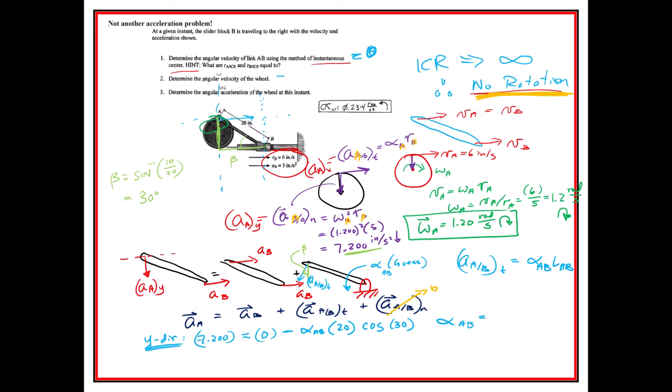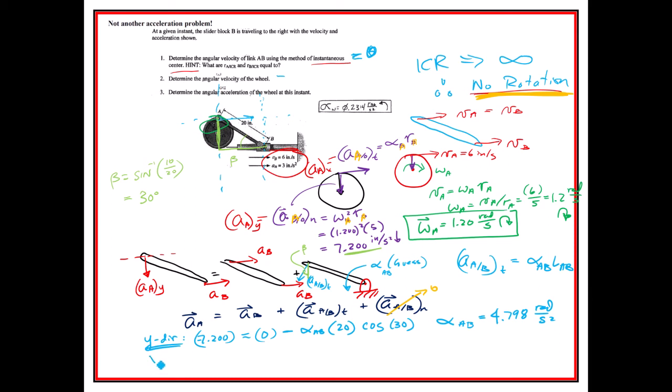The way he wrote it out was going to be different. 7.2 divided by 20 divided by the cosine of 30. I get, boom. Yeah, okay, so we never wrote it out. I believe this is going to be right, unless I did some stupid math thing wrong. Radians per second squared. And it's negative. Yeah, so I picked it correctly as counterclockwise.